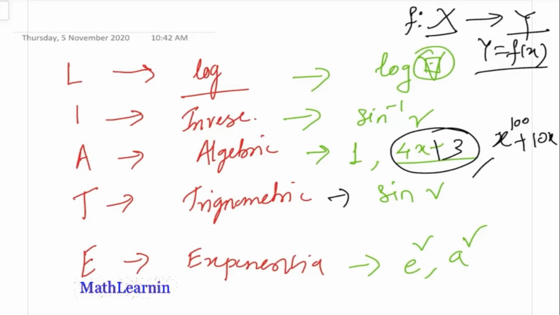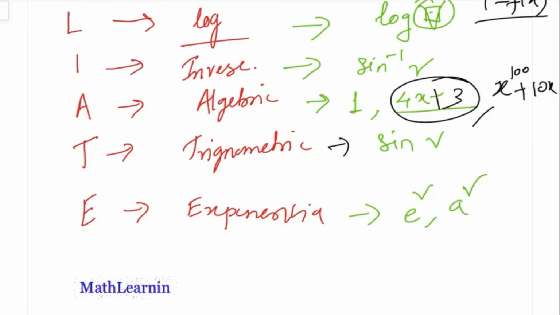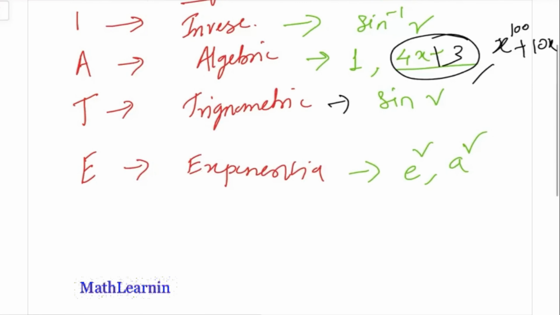After these basic functions, we have other functions. That is addition of functions. If you have a function f and a function g, we can add those two functions, f plus g, and not only two, you can add many functions like g plus h and all that.